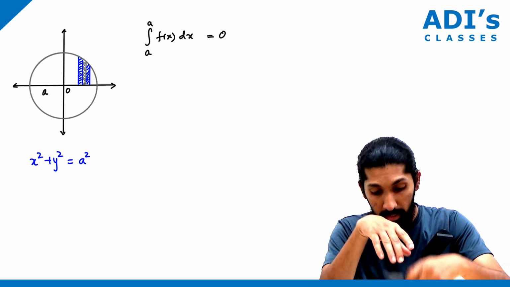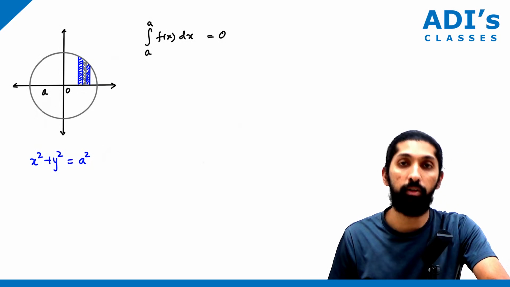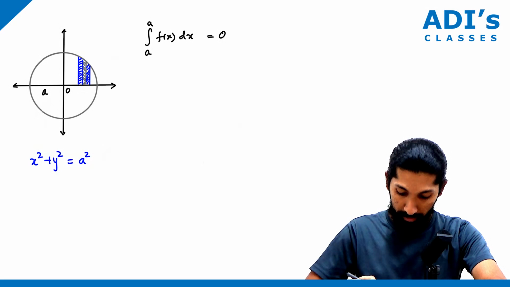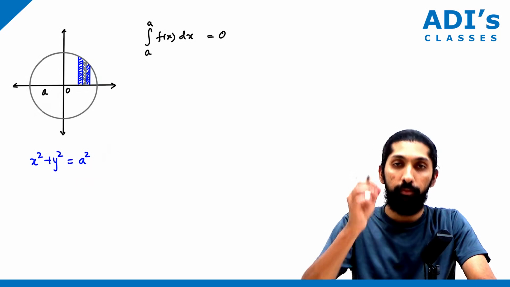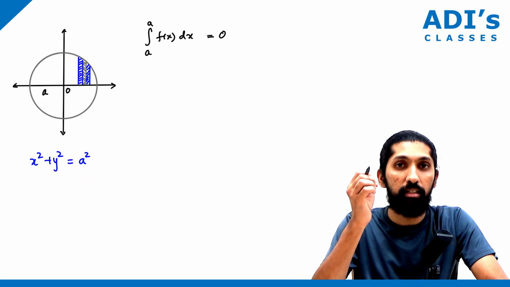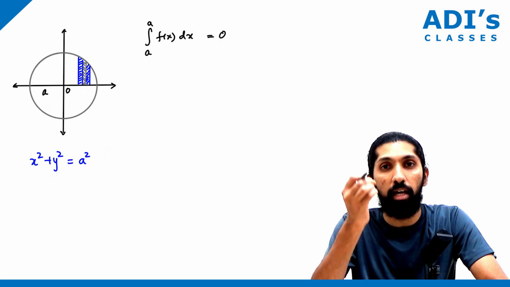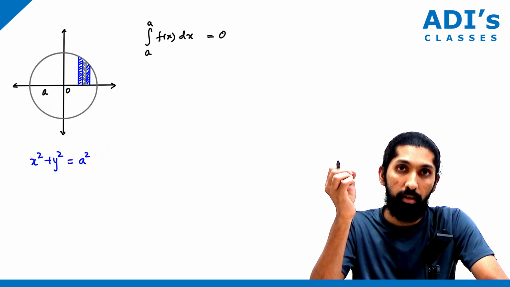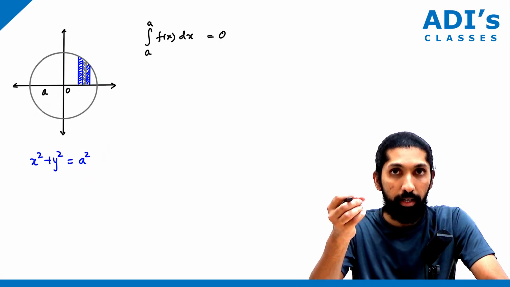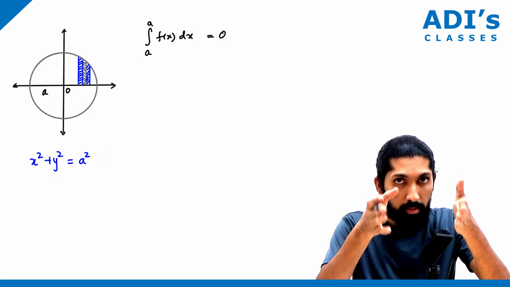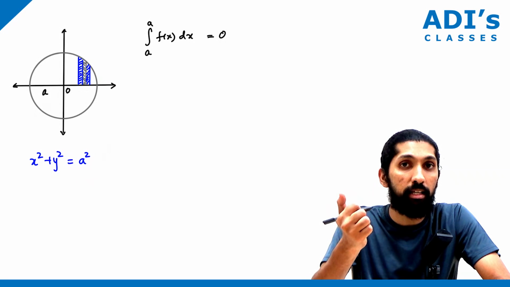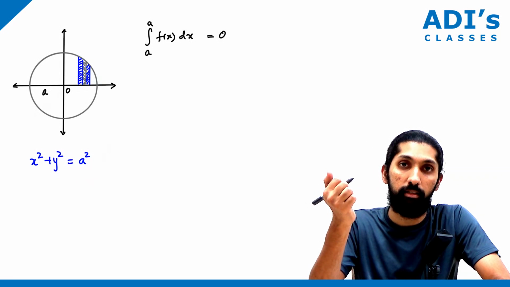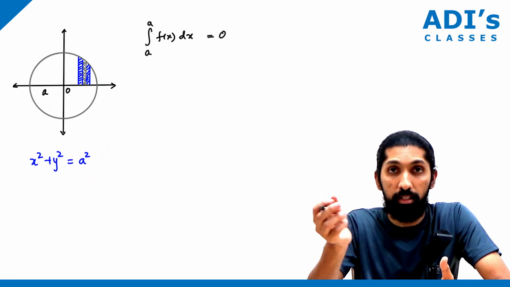In this figure also we are doing the same thing. We take this strip and make its width as close to zero and as small as possible. The smaller it becomes, the more accurately we can say it is a rectangle.